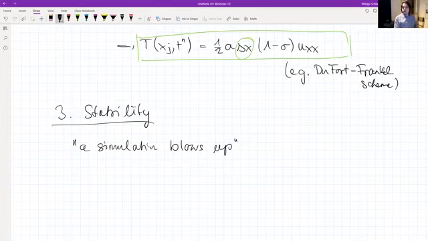So what we need to do is we need to understand what conditions need to be fulfilled so that a simulation does not blow up.